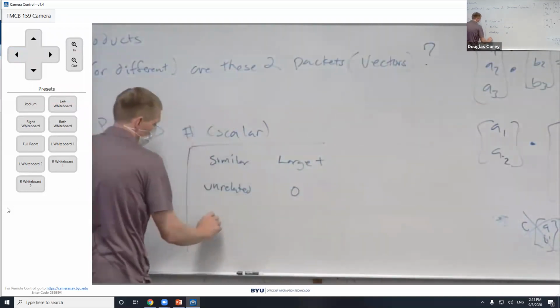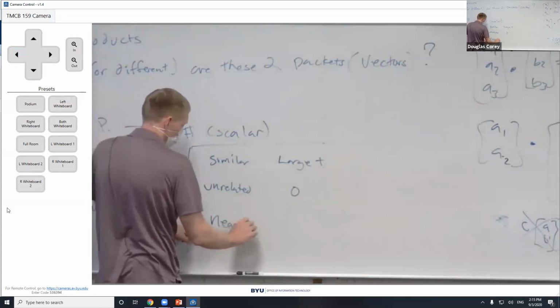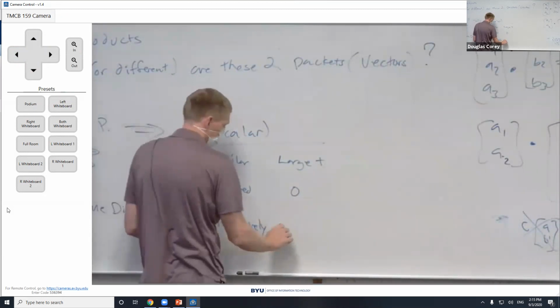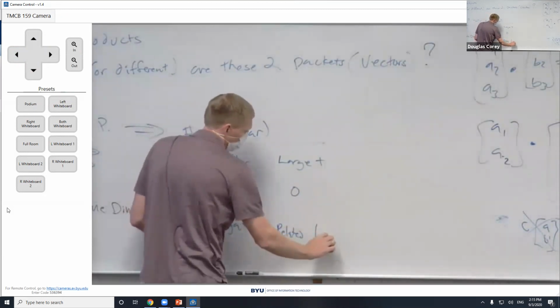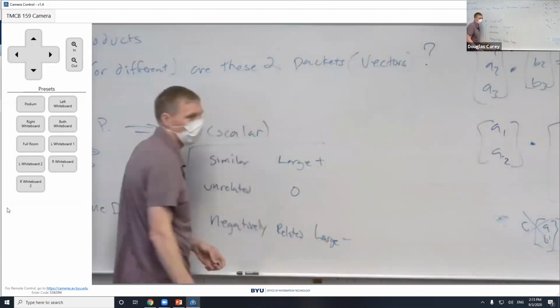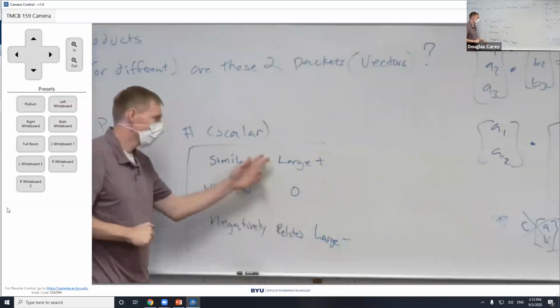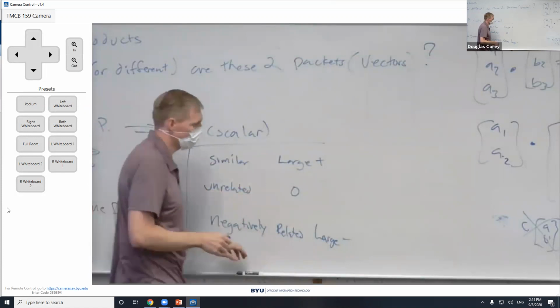And if they're negatively related, then you get a large negative number. Okay, large is relative. It depends on the lengths. Exactly how large depends on the lengths of the vectors.